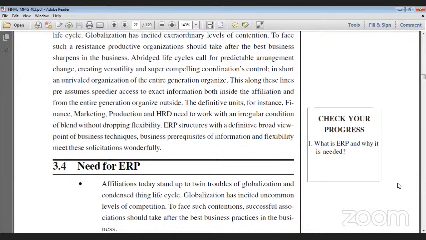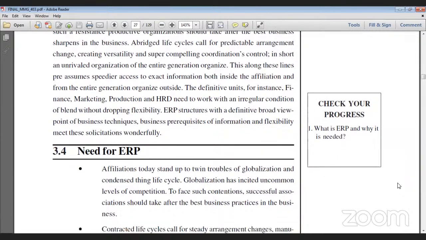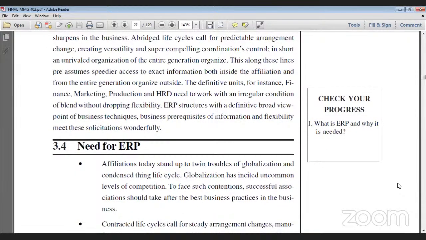Globalization has incited unique levels of competition. To face such contentions, successful associations should be after the best business practice in the business also. The second need is that contracted life cycles call for steady arrangement there.